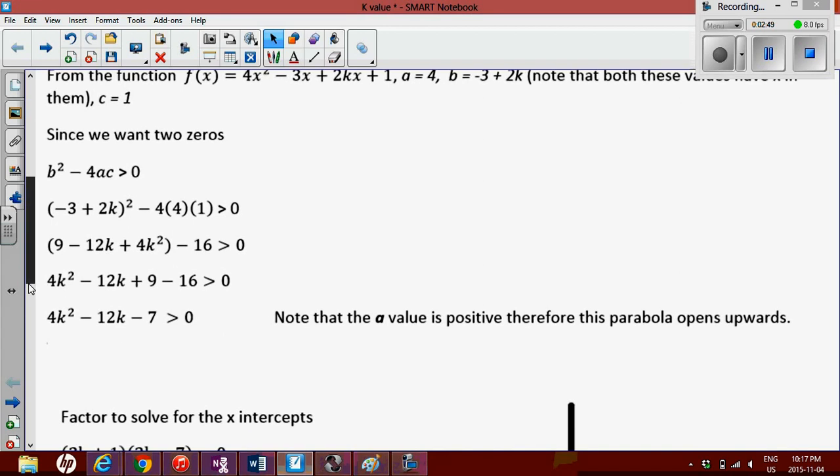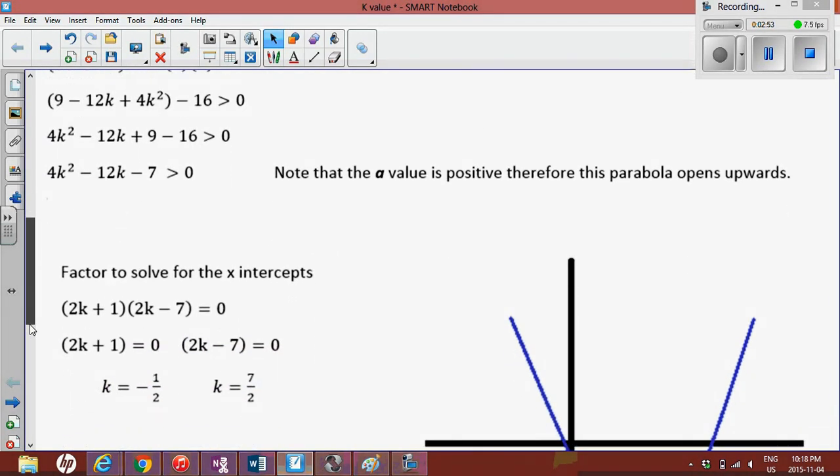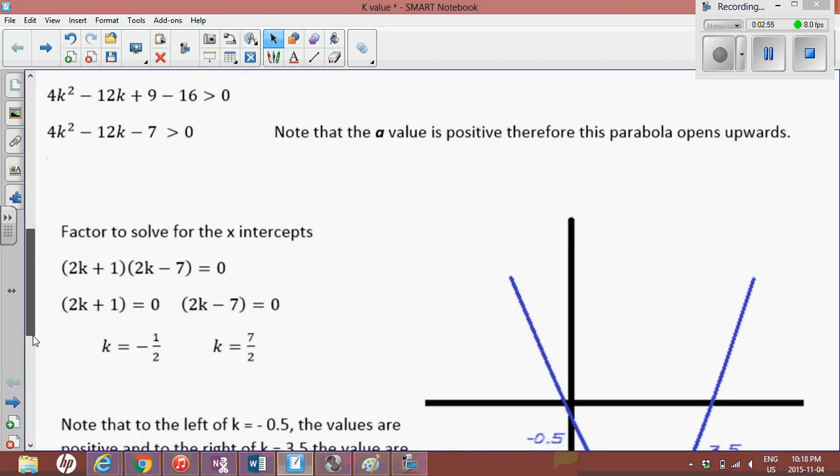Alternatively, if you don't want to factor, you can use the quadratic formula. So to solve for the x-intercepts, we factor 4k² - 12k - 7, and our two factors are (2k + 1) and (2k - 7), which we're setting equal to 0 just to find the x-intercepts.